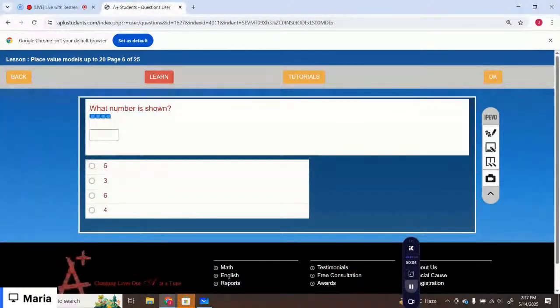What number is shown, which is the correct option? That is 4. Option number 4 is the correct option.